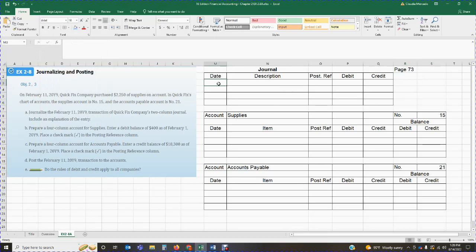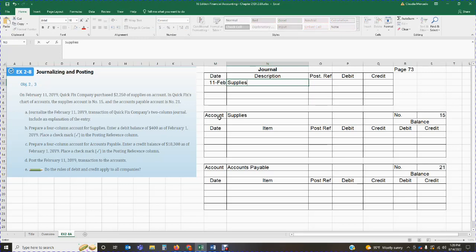So what happened on February the 11th? We purchased $2,250 of supplies on account. So you ask yourself, what did we buy? Well, we purchased supplies. By now, you should be comfortable journalizing entries.